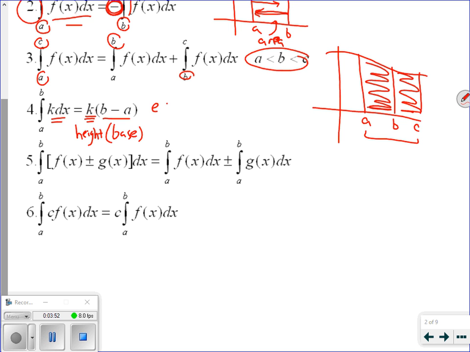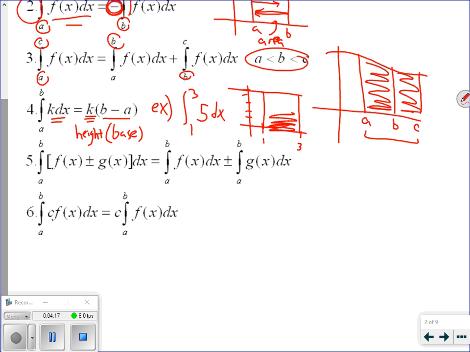Let me give you an example. What if I said the integral from 1 to 3 of 5 dx? Well, let's think about this. This is saying to find the area underneath the curve of 5 between 1 and 3. So think about what shape this makes.